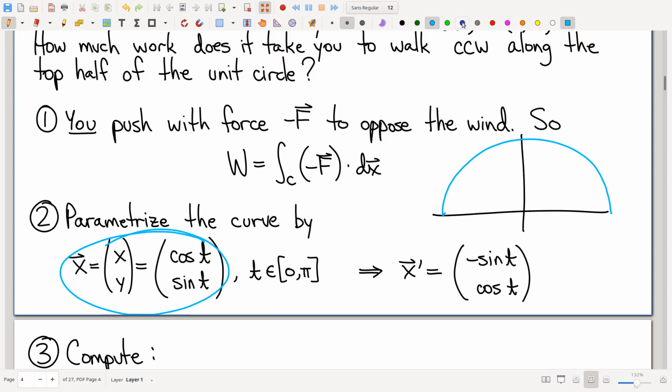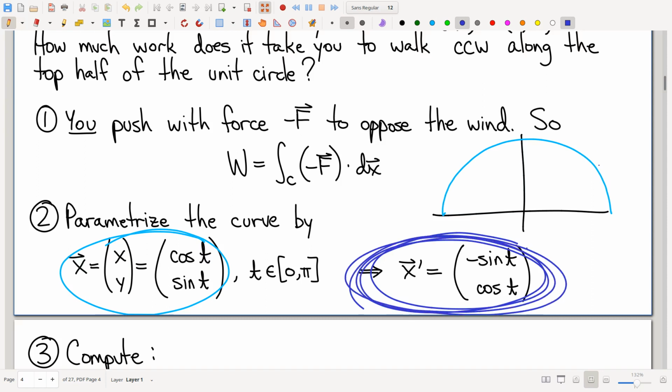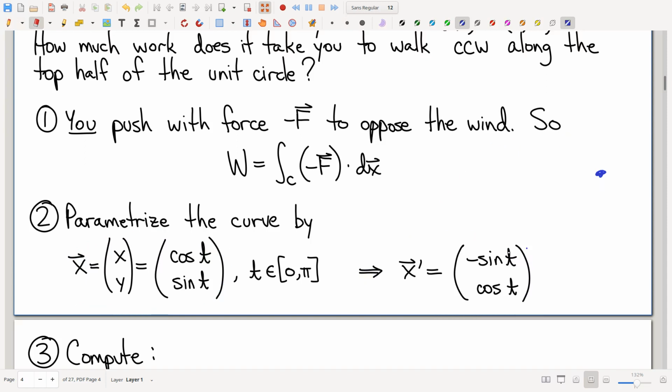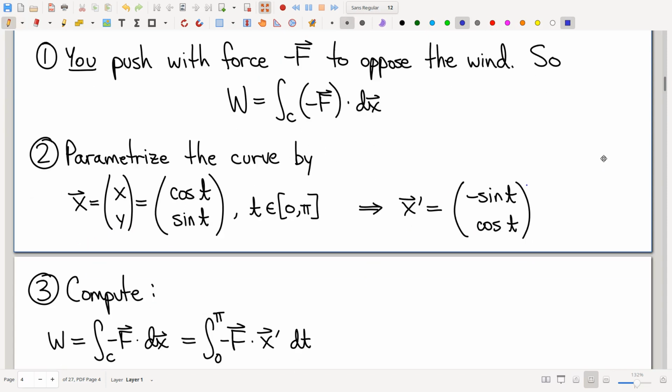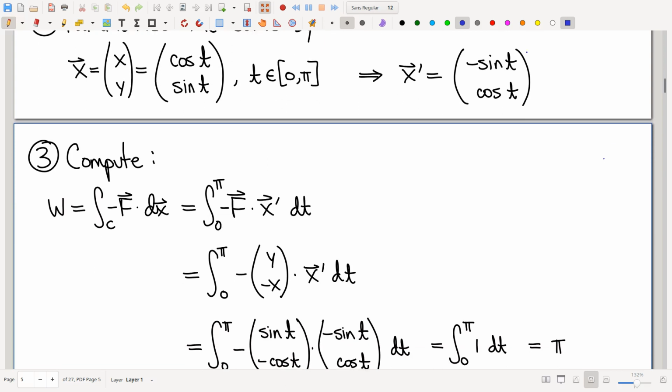And then when you look at this formula here for your velocity vector, that velocity vector you can just plot right there on your curve and see which direction this velocity vector is pointing, and then you can see that indeed you are going counterclockwise around that curve. Is that good? All right. Okie dokie. It's all plug and chug from here.